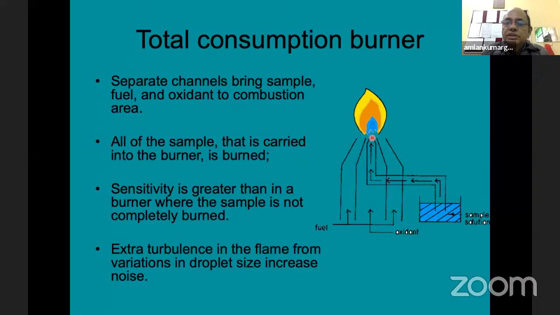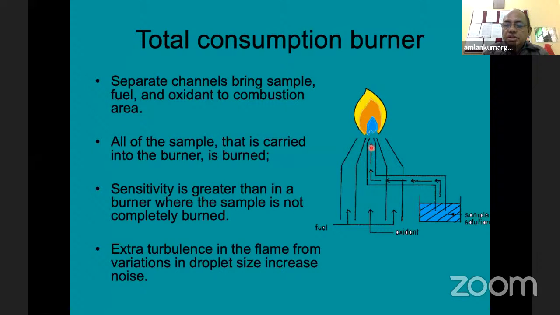Because of this, liquid from the sample chamber will be sucked in through the capillary, and as it is forced through this place, it breaks up into small droplets. The gas and the oxidant, all mixed with this sample, burn in the flame.